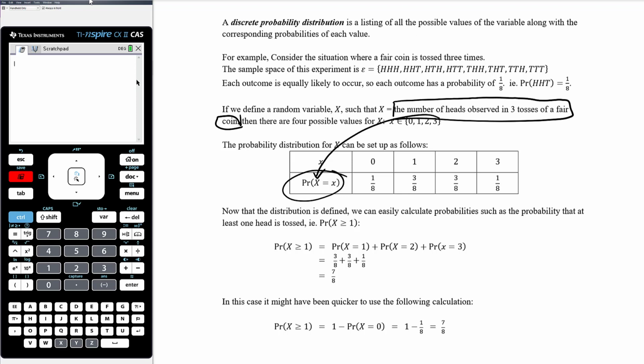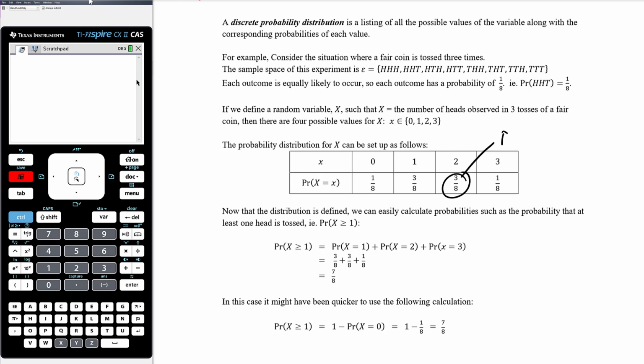So the probability that the number of heads observed is equal to 0 goes here. The probability that the number of heads observed is equal to 1 goes here. The probability that the number of heads observed is equal to 2 goes here. What this number here tells us is the probability that the number of heads observed is equal to 2 is equal to 3/8.